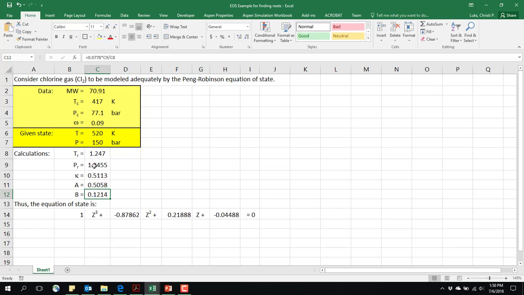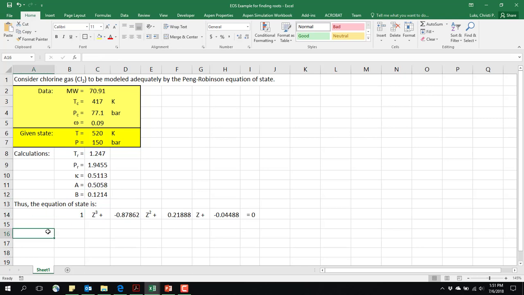Now, if you use this equation of state with these values of kappa, alpha, A and B, then we end up with this third order polynomial as the appropriate expression for Z, the compressibility factor.